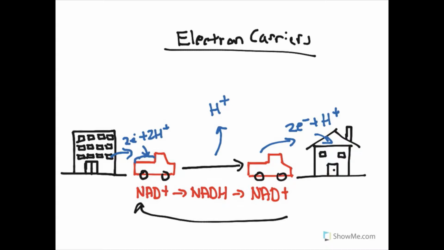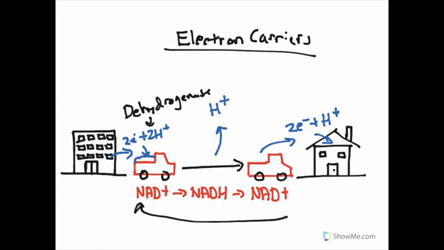Now, who loaded the truck? The truck was loaded by an enzyme called dehydrogenase. Dehydrogenases remove the hydrogens with their electrons and help load it. There are many dehydrogenases out there, for example alcohol dehydrogenase and aldehyde dehydrogenase, which are used to break down ethanol during ethanol metabolism if you drink alcohol.